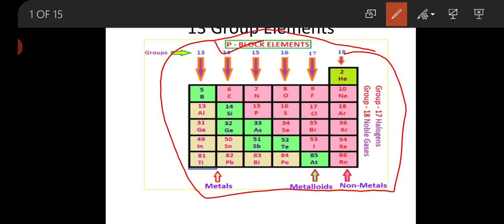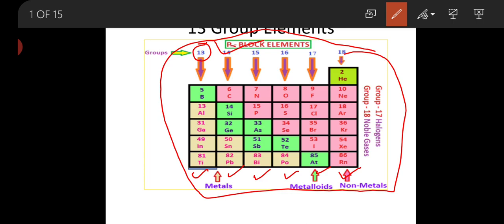In the p block, there are different groups classified as 13, 14, 15, 16, 17 and 18, as represented here.